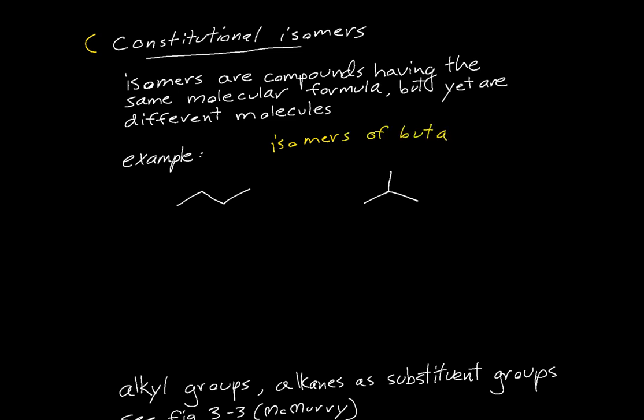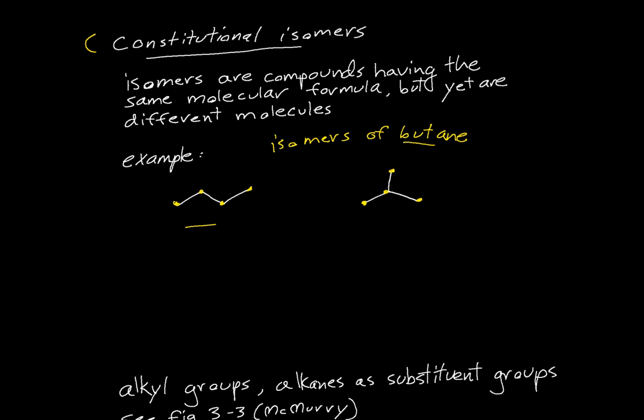Because it has 4 carbons. Implied carbons, 1, 2, 3, 4, as you see. Implied carbons, 1, 2, 3, 4. It's really important to recognize that those are where the carbons are. So clearly these are both butanes having 4 carbons.